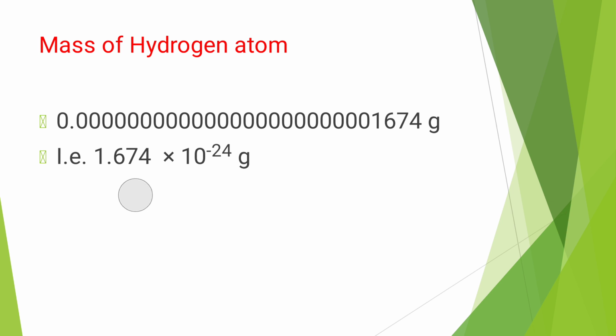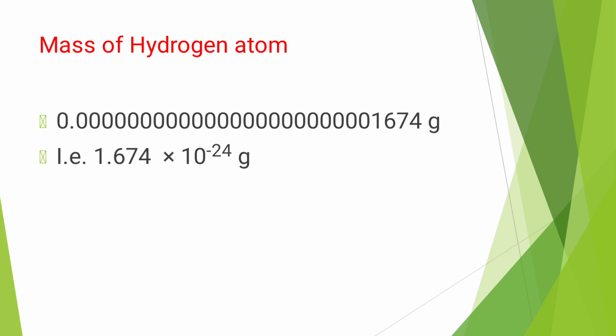That is by writing the number in standard form, which is 1.674 times 10 to the power negative 24 grams. That's a very minute mass. So in chemistry, working with these figures would be very tiresome. Imagine feeding this number in a calculator.